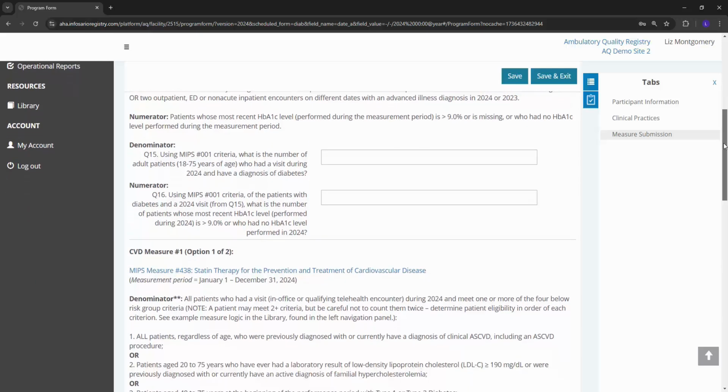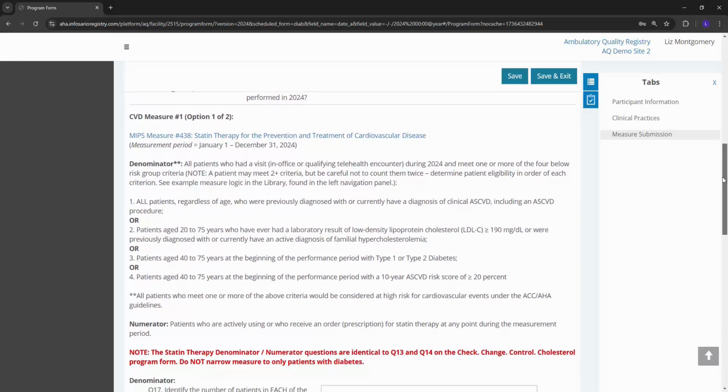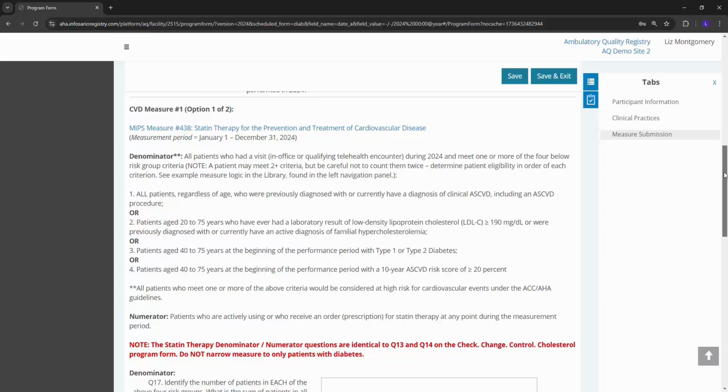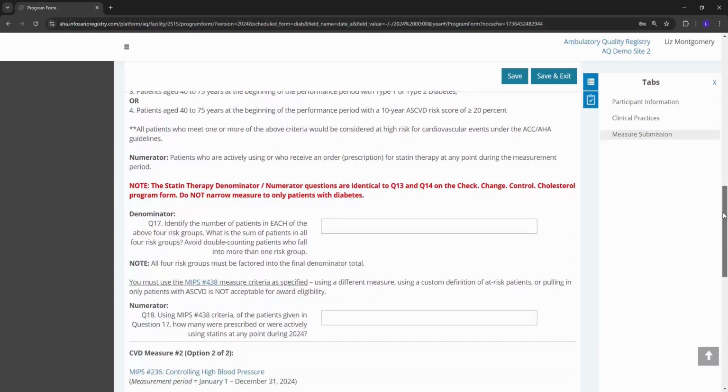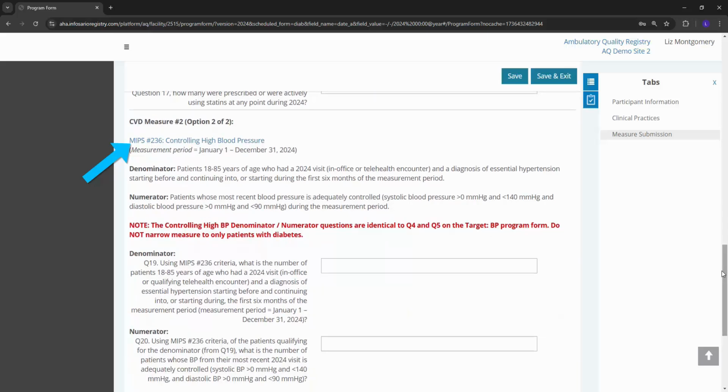The other 2 measures are cardiovascular disease-focused measures. You only need to submit data for one, either MIPS 438, statin therapy for the prevention and treatment of cardiovascular disease, or MIPS 236, controlling high blood pressure. These are standard measures where a higher percentage is indicative of better outcomes.